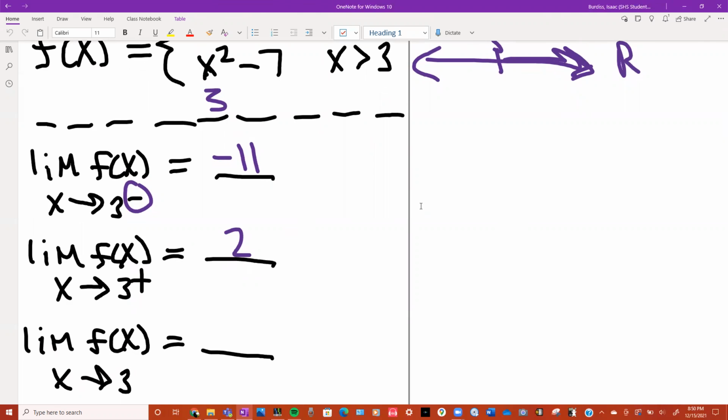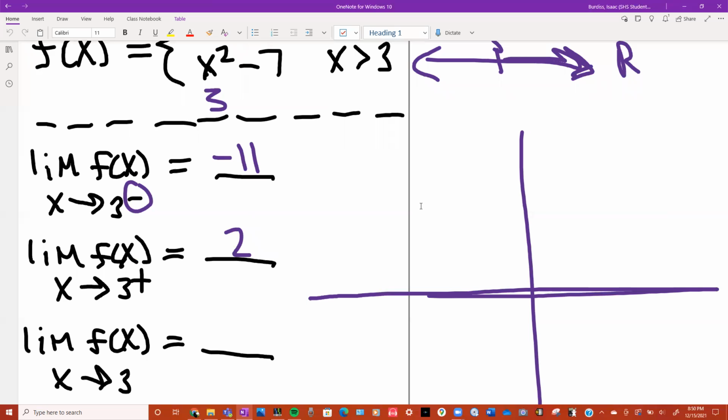So we can actually graph this, and it can help us. If we know a point is (3, -11), that would be a closed dot. And then a point is (3, 2). We got that from here and here.